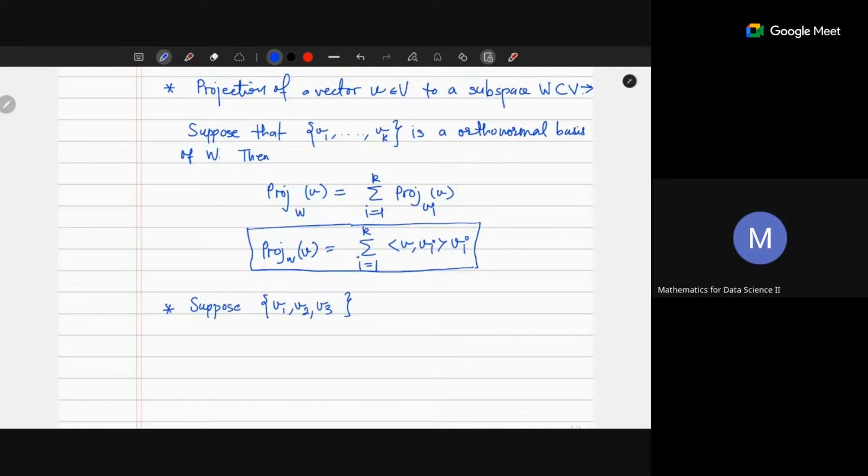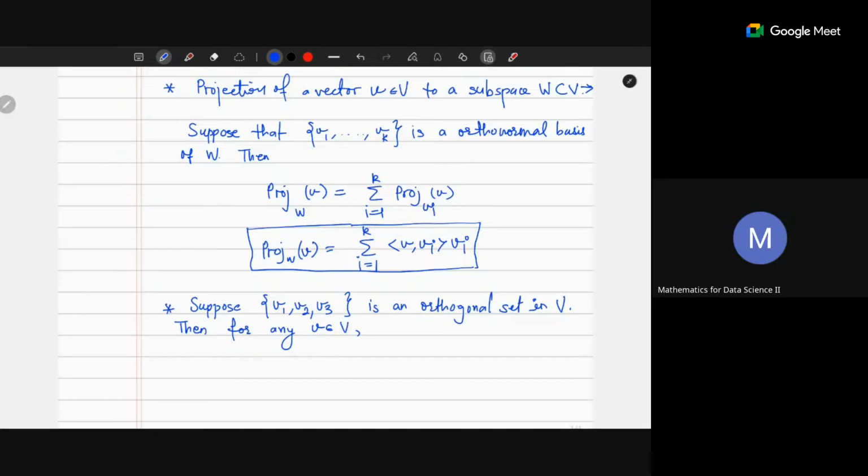Suppose v1, v2, v3 is an orthogonal set in some vector space V. Then for any V in V, how does the projection of V look like on the span of these three vectors?